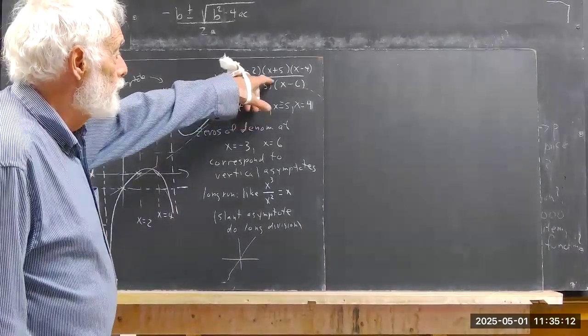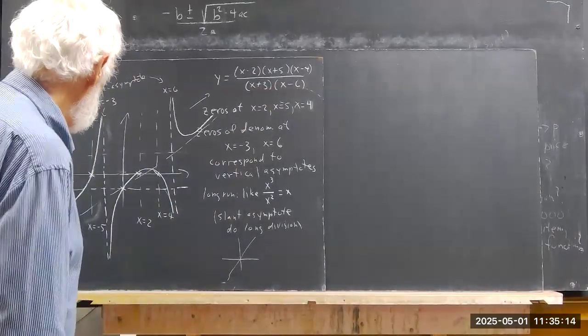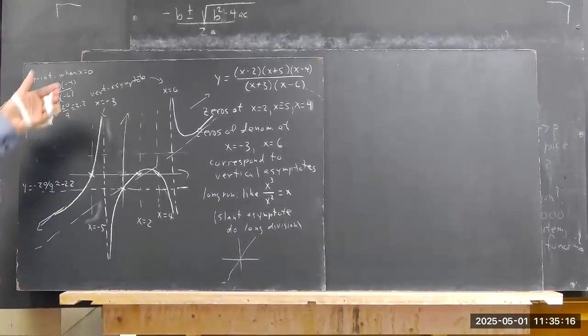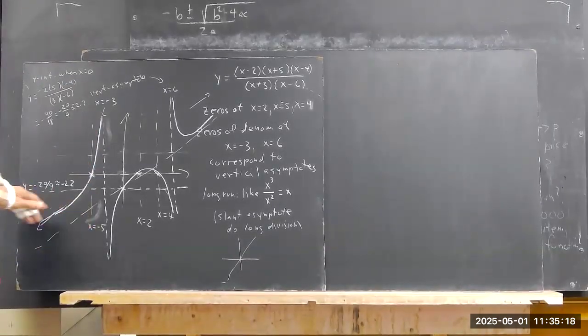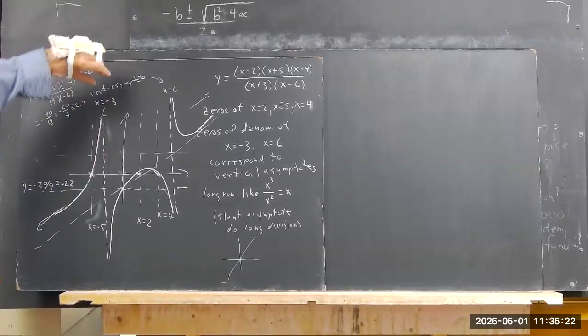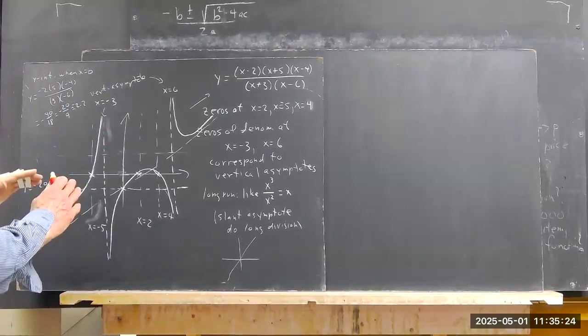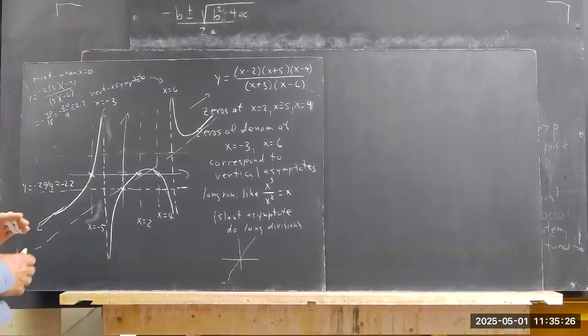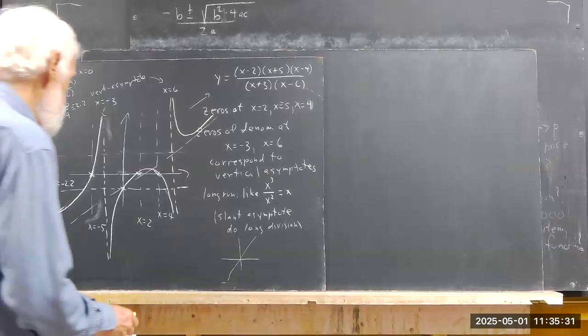Add an x plus 3 squared here, then the curve would have to approach the asymptote on the same, I want to say on the same side. I'm not going to say it.